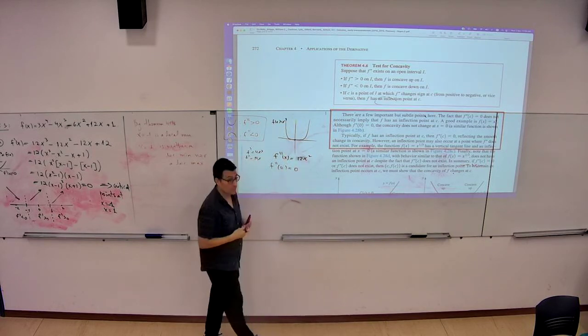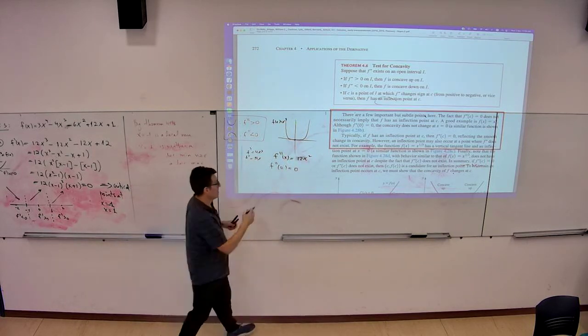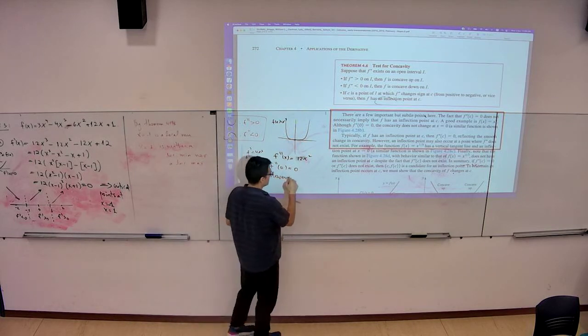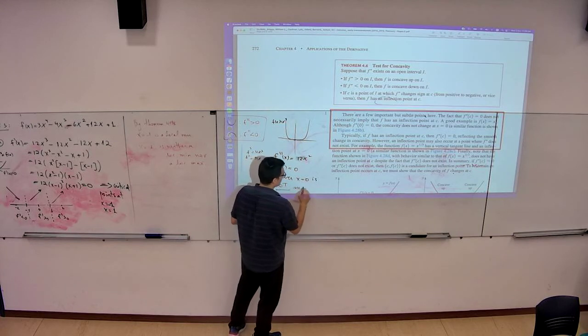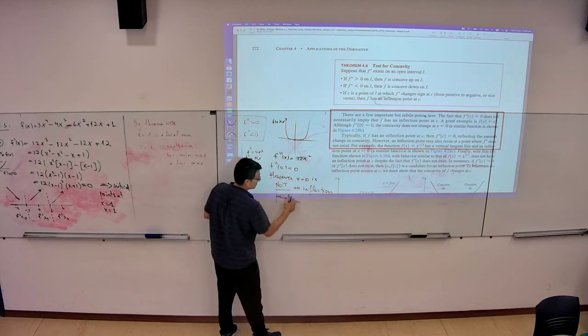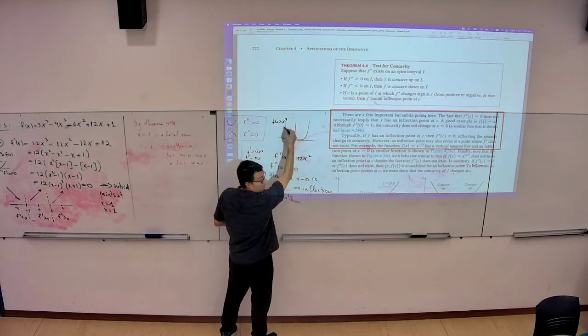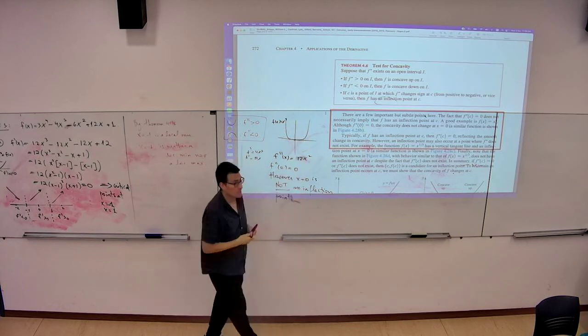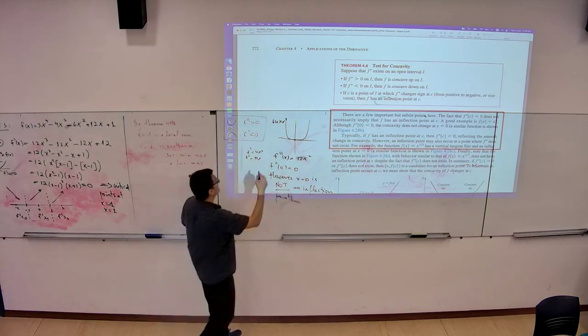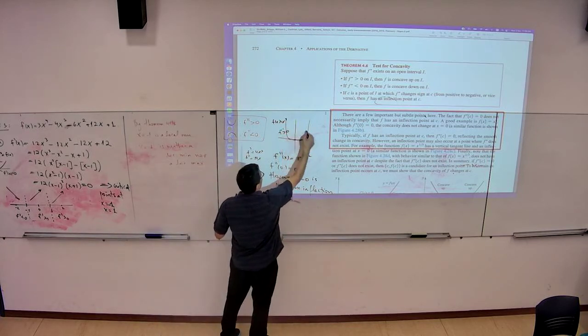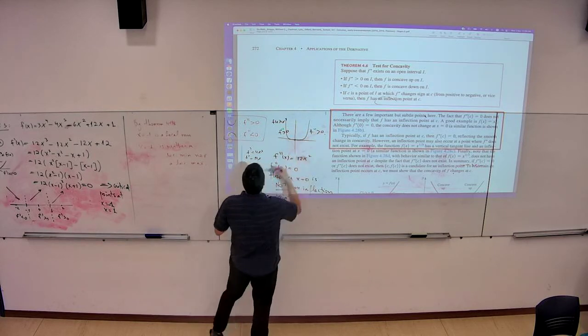Is 0 an inflection point? No. x equals 0 is not an inflection point, because the concavity doesn't change. It's happy all the time there: happy and then happy. So f double prime is positive on both sides.